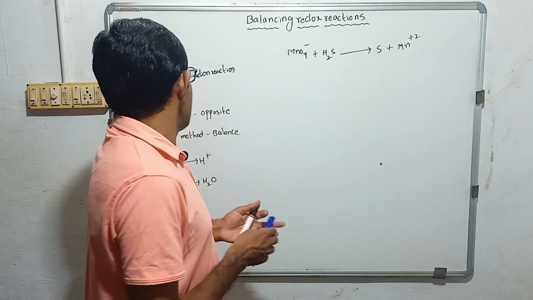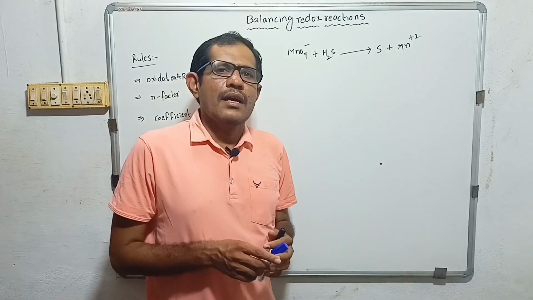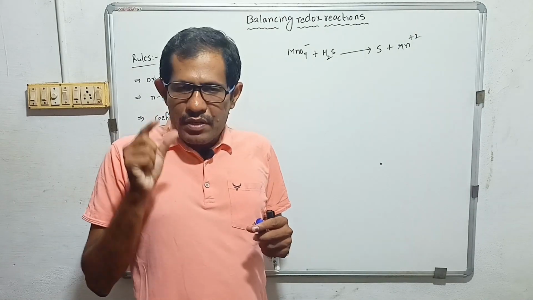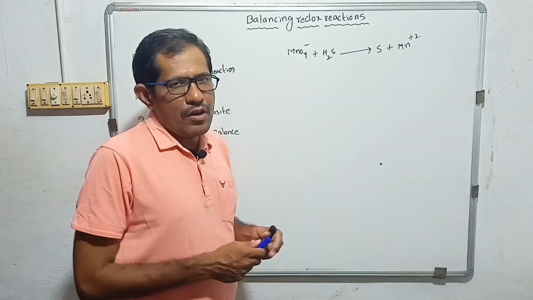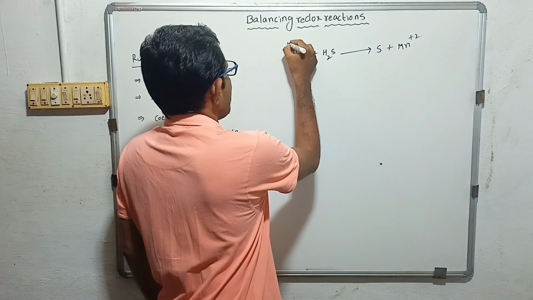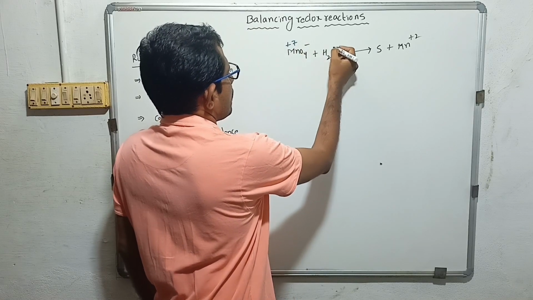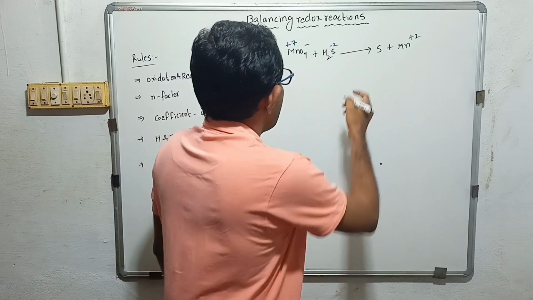Now coming to here, first find what is the oxidation reaction and what is the reduction reaction. As we know, the decrease in oxidation number is reduction, the increase in oxidation number is oxidation. First find the oxidation numbers. Here Mn is plus 7. Sulfur is minus 2.